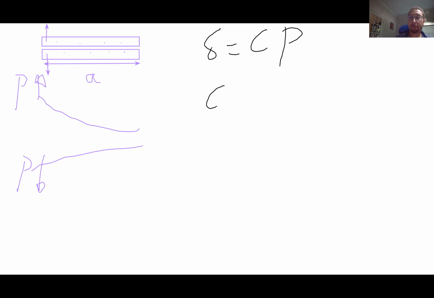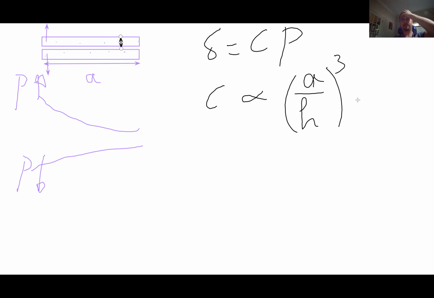And from beam theory, I can show that the compliance is proportional to the ratio of A over H to the power of 3, where H is the height of each beam.